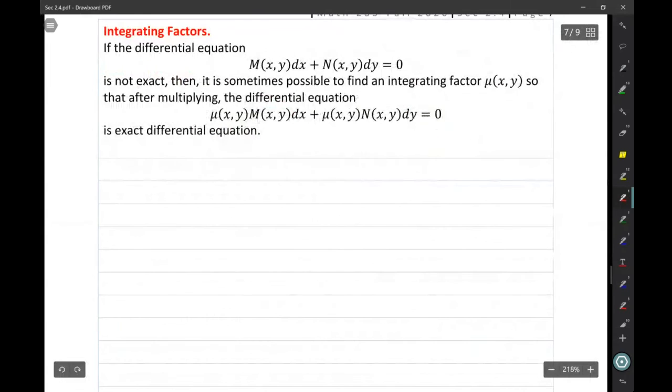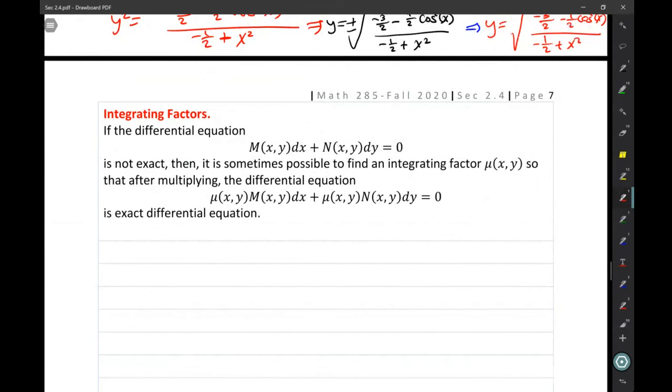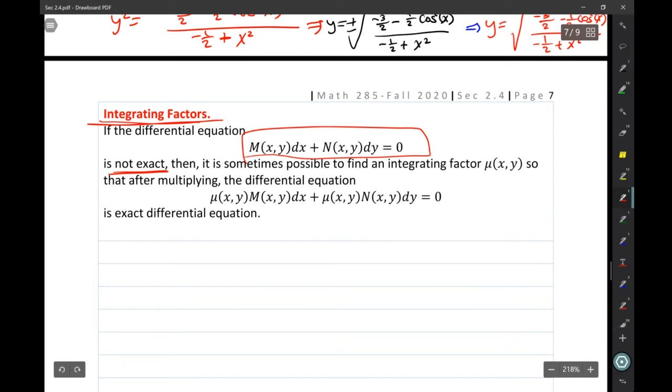Okay, now what do we have to do in case my differential equation is not exact? I mean, if I have this differential equation, m of xy dx plus n of xy dy is equal to 0, but this is not exact. What I have to do is find an integrating factor called mu of xy.